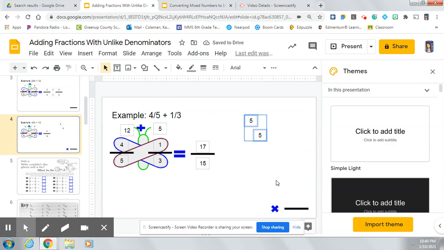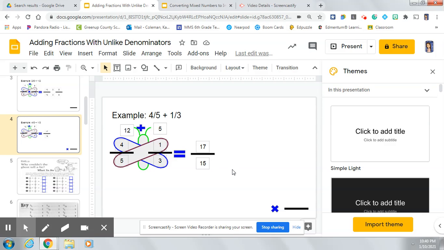And 17 over 15 is a simplified answer because the only thing you can divide 17 by is 17 and 1. And 15 cannot be divided by 17. So there's no common factors other than 1. There may come a time that you have to convert this improper fraction to a mixed number.